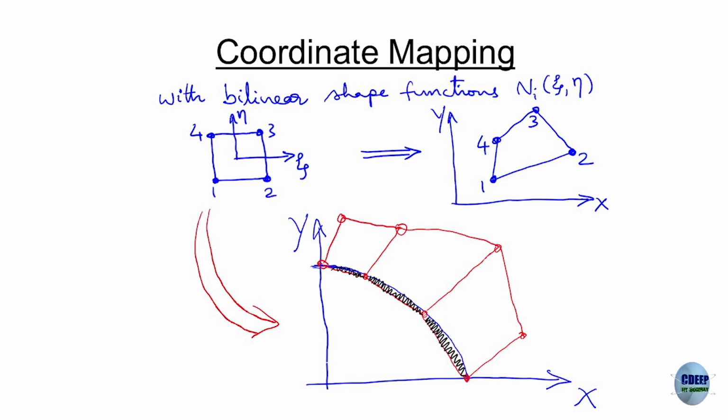So, I put 4 nodes on that arc of a circle 0 to 90 degrees. I want to get that circular arc, but I have put only 4 nodal points. Between the 4 nodal points, I will have straight edges and I build the quadrilateral element. This does not matter to our discussion right now. Focus is on this. So, along this edge now, so what I have achieved, the blue is the actual circular geometry.